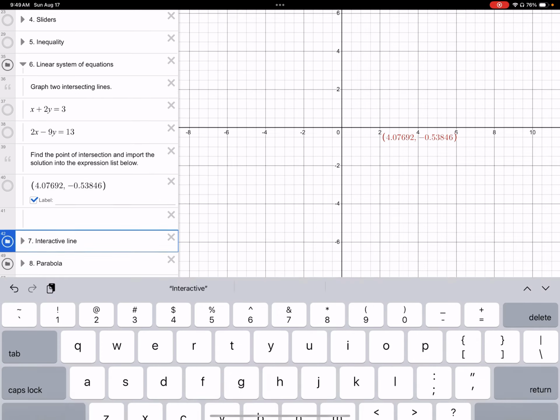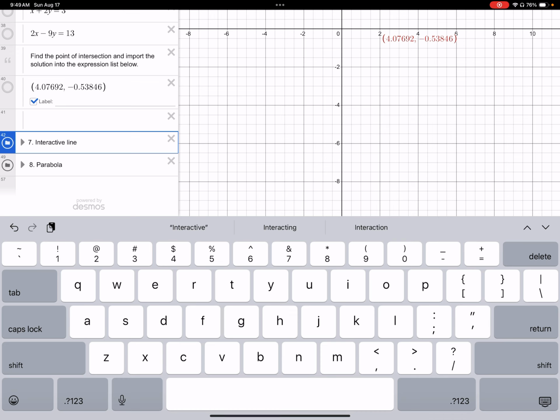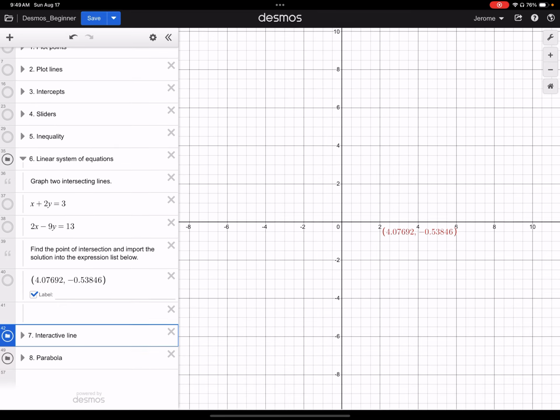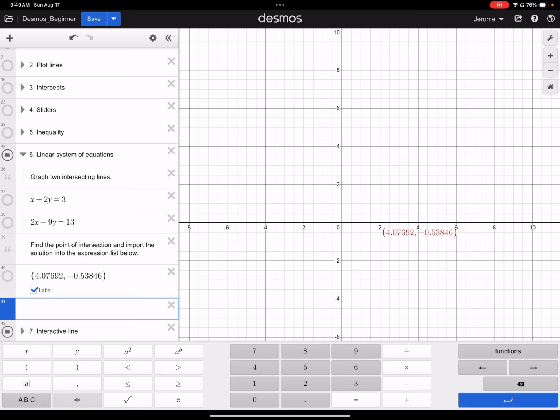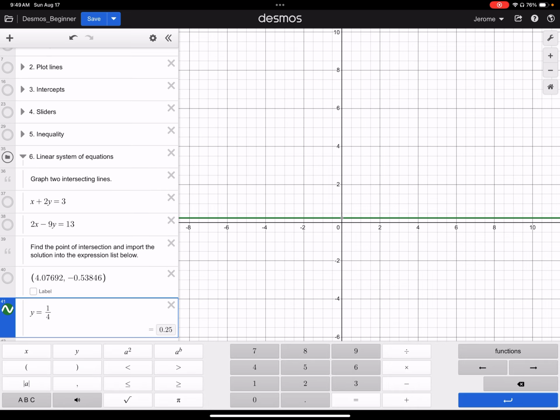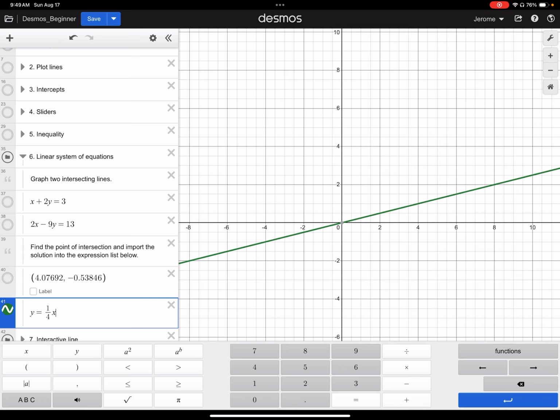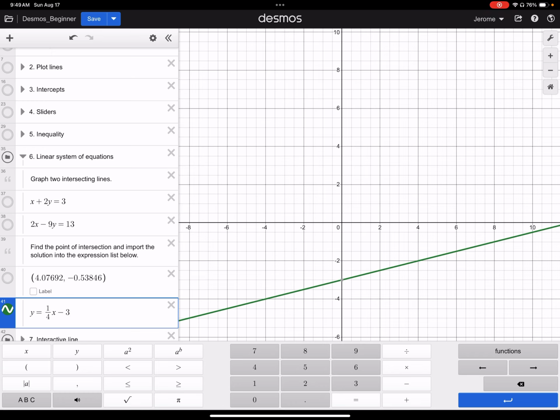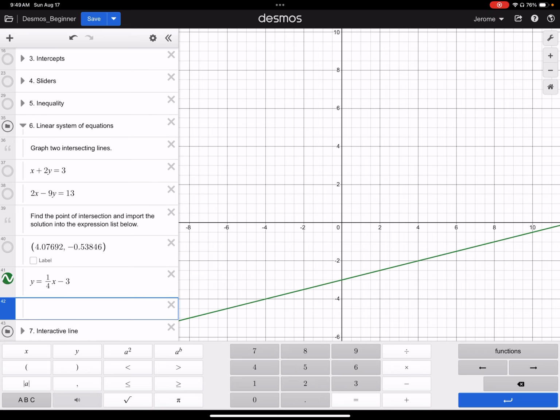Let's say, for example, I had a linear equation, something like y is equal to 1/4 x minus 3. Oh, that label is still on there. Okay, so I have a linear equation. And then this weird, strange system also has a parabola.